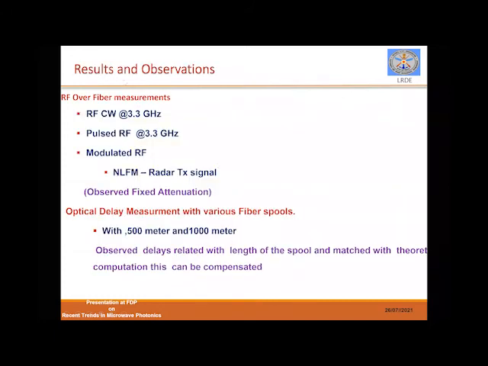The same thing we repeated. I told you that even for RF over fiber measurements with different types of signals, we observed a fixed attenuation, which we can rectify. Similarly, when we repeat with a different fiber spool, it is observed that the delays match the fiber spool length, which can be corrected.